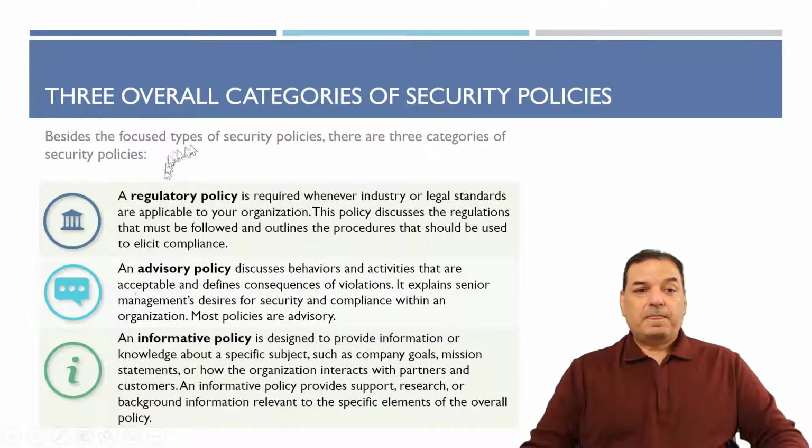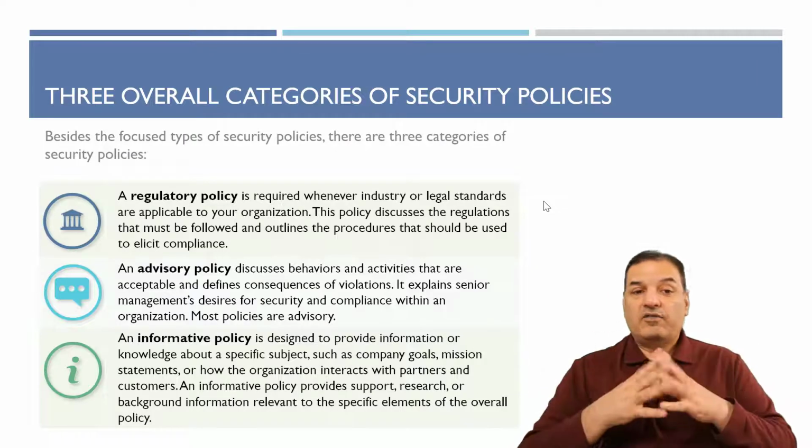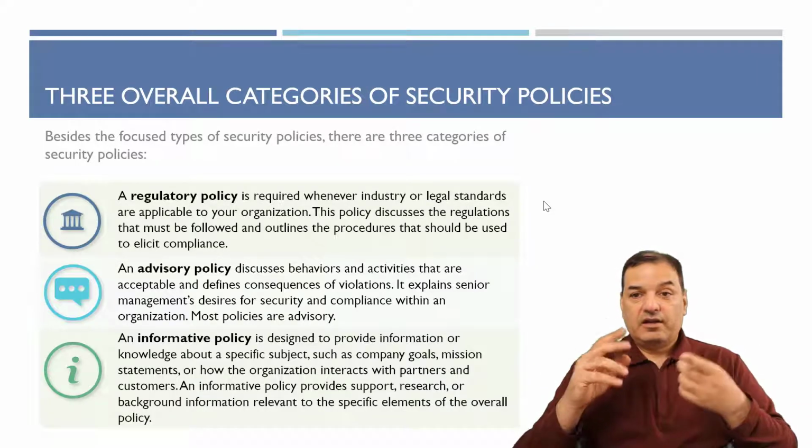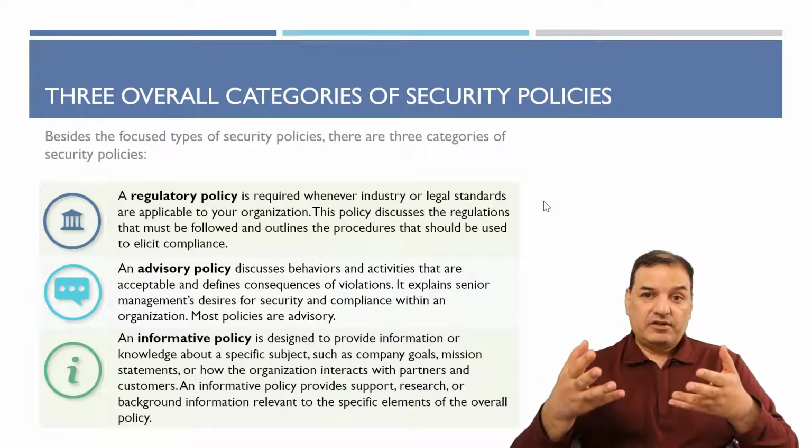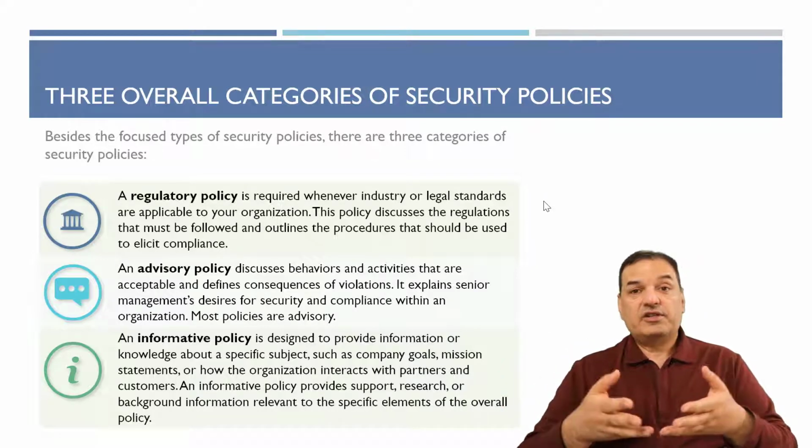Next, the categories of security policies. We're covering three categories. Number one, the regulatory policy, is required whenever your organization is dealing with legal or governmental requirements that it has to comply with. Examples of regulatory requirements: if you're in the medical industry, the FDA, the Food and Drug Administration, has requirements.